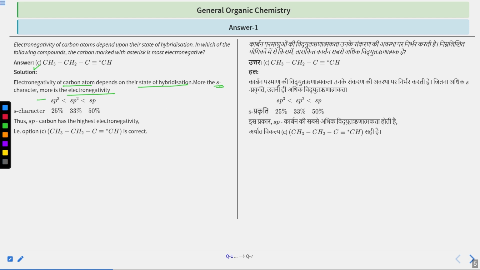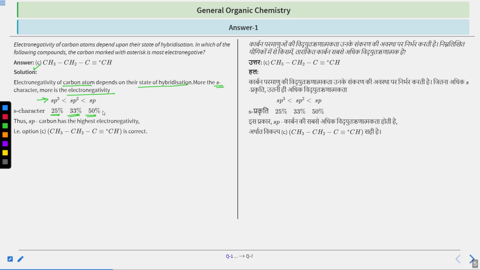Among sp, sp2 and sp3, the s character is highest in sp, which is 50%, then sp2 with 33%, and lowest in sp3 with only 25%. Thus, sp carbon has the highest electronegativity.